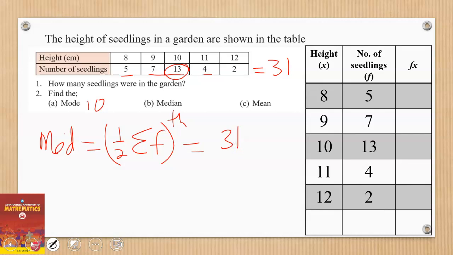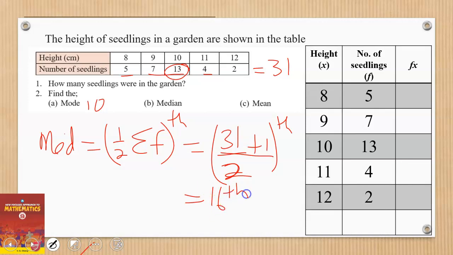So 31 over 2 plus 1 position, because normally when it is odd number we always say plus 1, and if it's even number we leave it like that. No, it should have been rather all over 2. So 31 plus 1 over 2, which of course will give us 32 over 2, and that will give us 16th position.